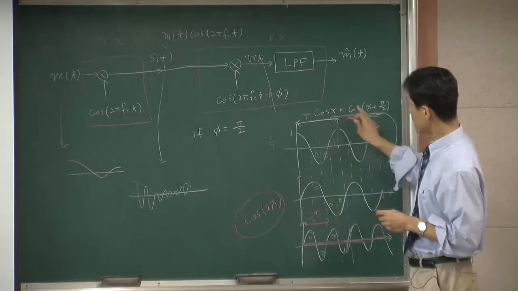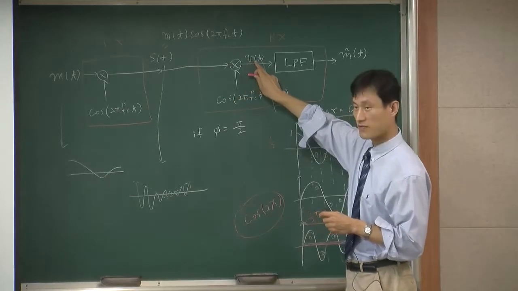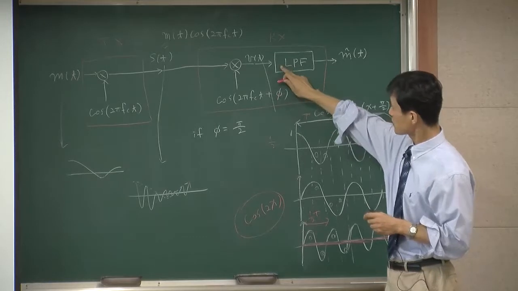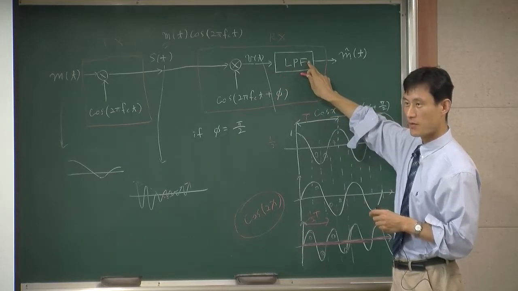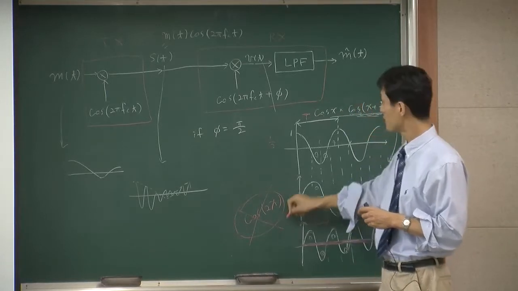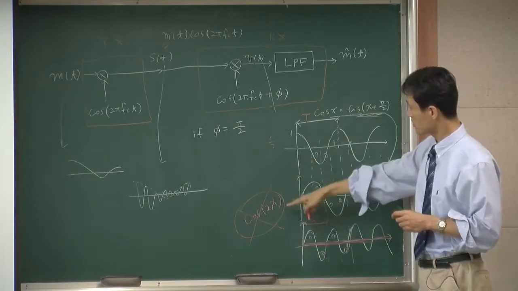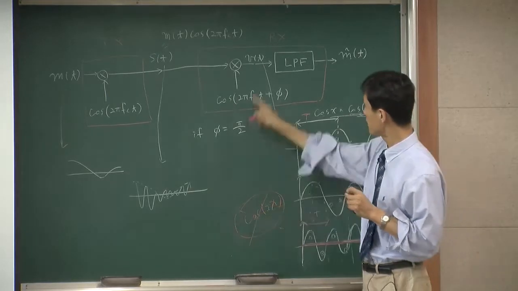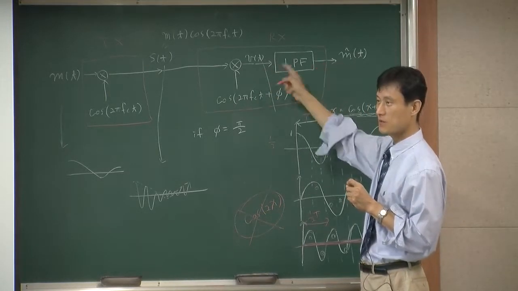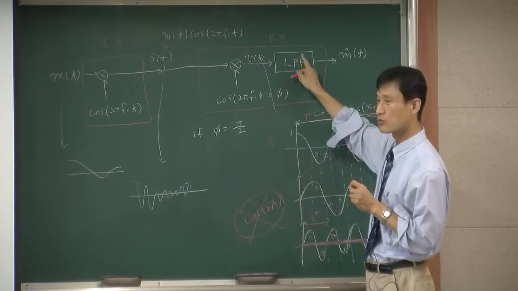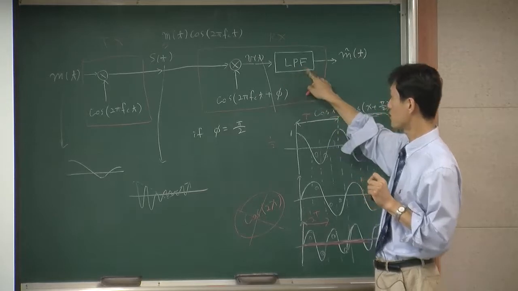Now when you multiply these things, right here we are talking about V(t), right? Right here we are talking about this one. Next thing to do is the low pass filter. And the low pass filter will remove this. Because of that, now you're going to get 0. Because only the DC component will pass through the filter. This high frequency component will be blocked by the low pass filter.